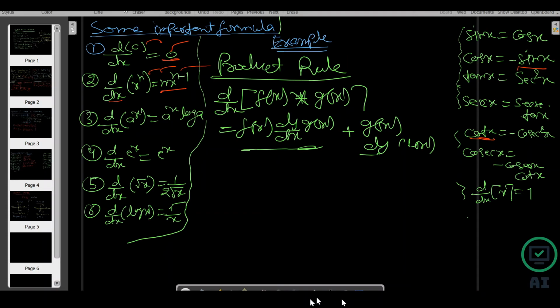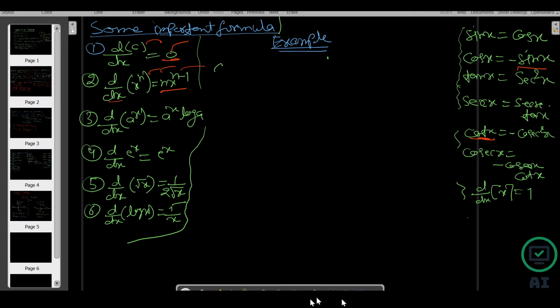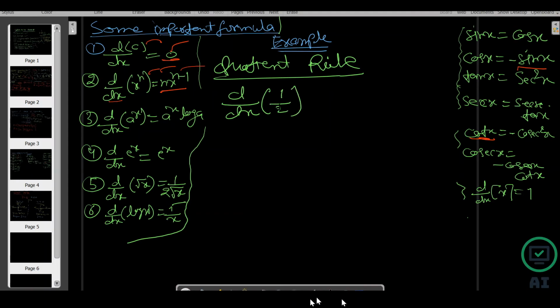Now what is the quotient rule? As we have seen, if we have a division of two functions, we cannot just divide like dy by dx of 1 and then dy by dx of 2. This is wrong.